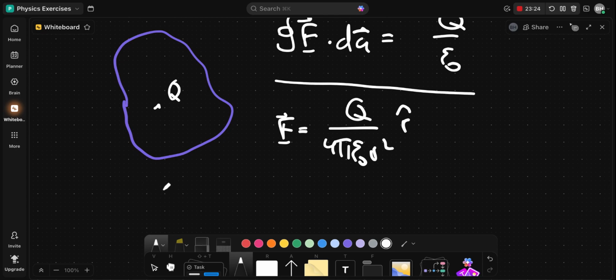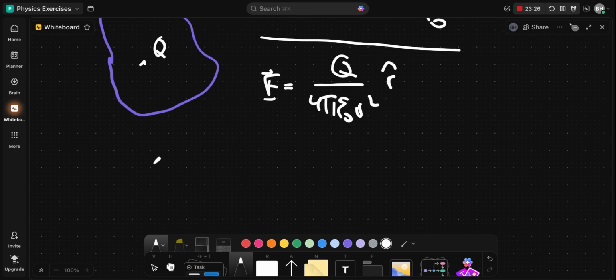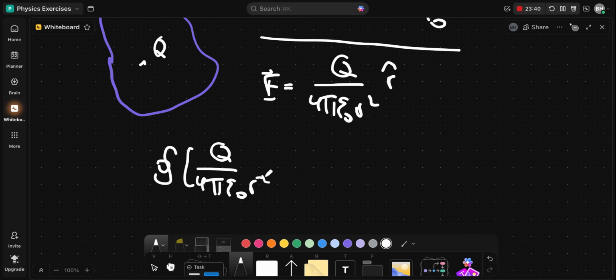So the first thing we can write is that the left-hand side of Gauss's law, in this case, is the integral of Q over 4 pi epsilon 0 r squared, then r-hat, with a scalar product dA.